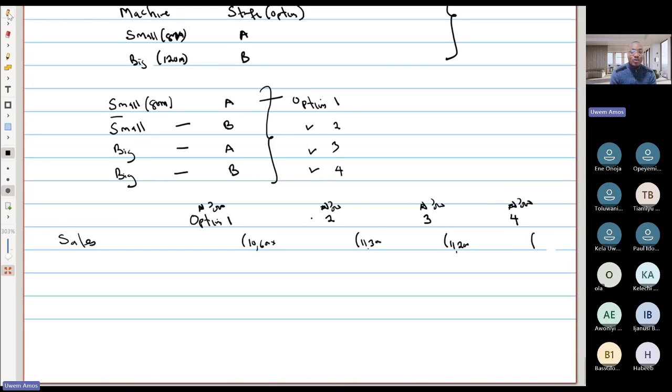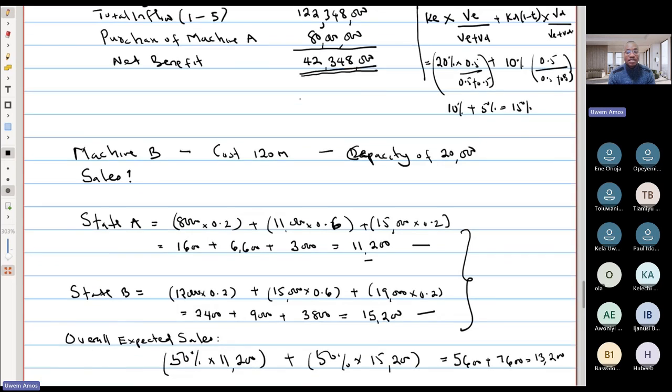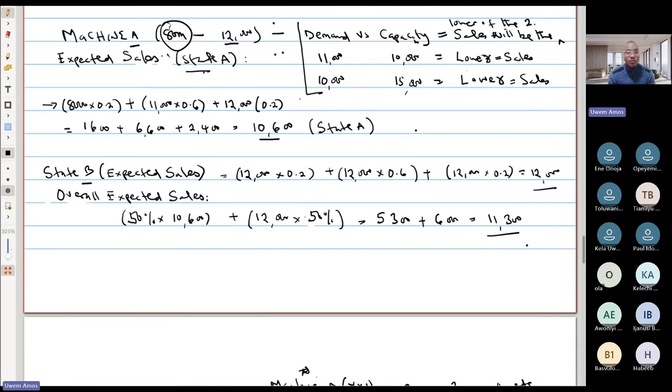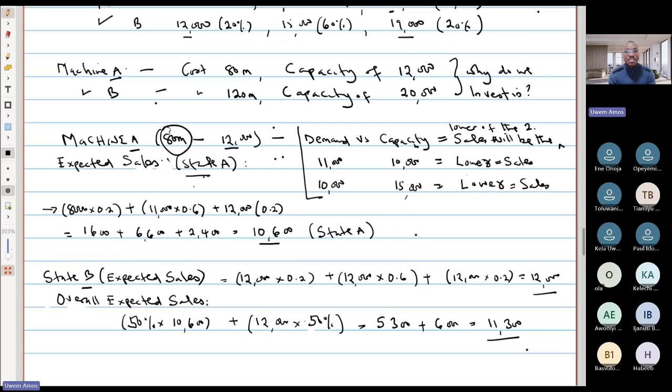That's the most important value in this calculation, so let me quickly confirm that I didn't pick the wrong value. Small A is 10.6.